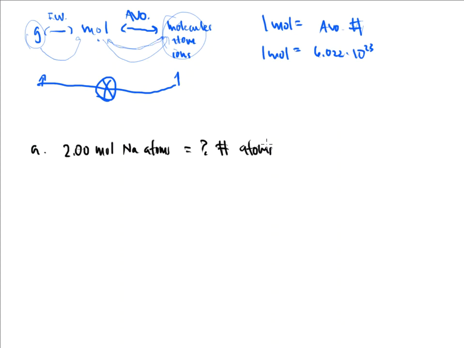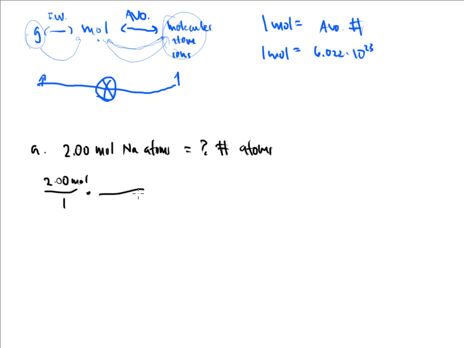If I cut a 2 mole block of sodium, how many atoms are present? Okay, so this is how we do it. Surprisingly, we take 2 mole over 1. God, I guess you didn't see that coming, did you?